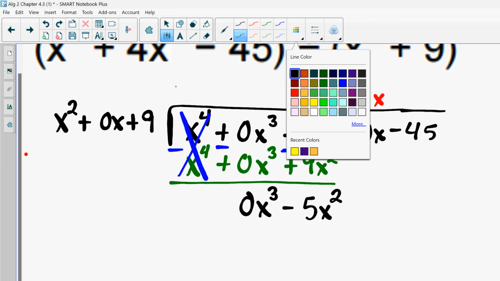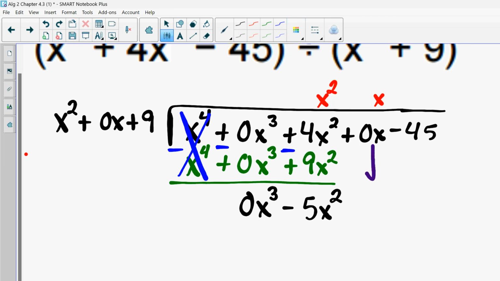And then I'll get my purple color back out. And bring down the plus 0x. And we could go through the next step of saying what times x squared gives us 0x cubed. Well, we would have x, but we would also have what? Plus 0.